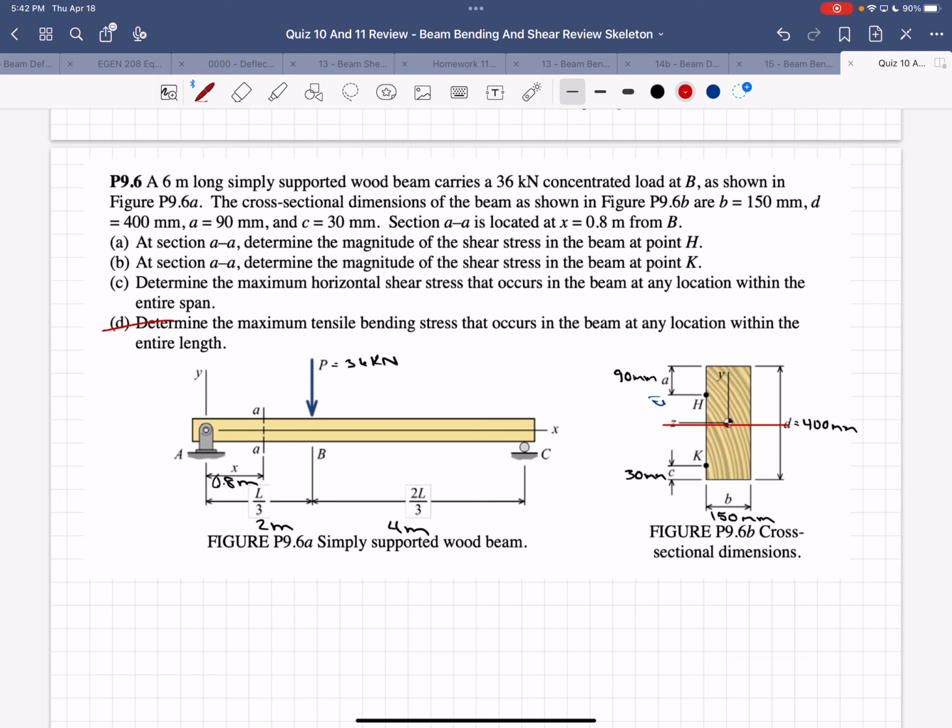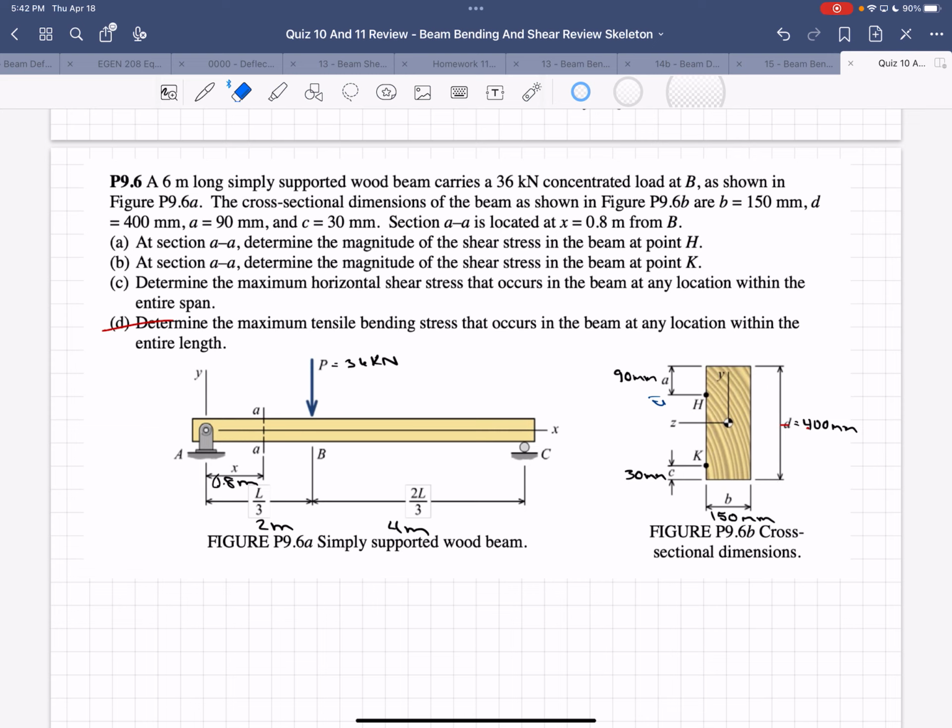Yeah, so if this is 200 tall, then it would be 100. And the area would be 200 times 150. Okay, so we got that taken care of.